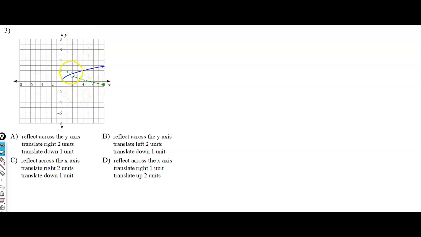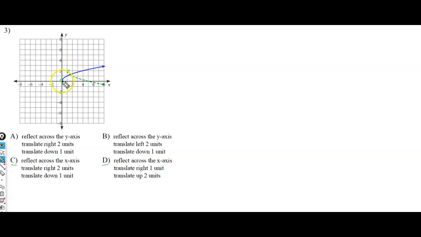Let's take a look here. Now, this green line is upside down from the blue one, so there's definitely been a vertical reflection, known as a reflection across the x-axis. That boils our options down to C or D. But notice that the starting point for the blue line was at 0, 0, but the starting point on the green line is up here.